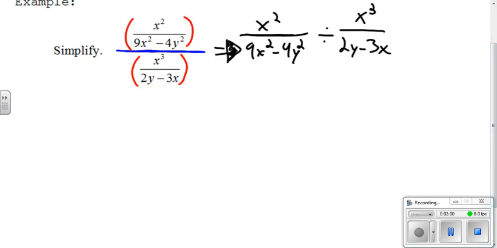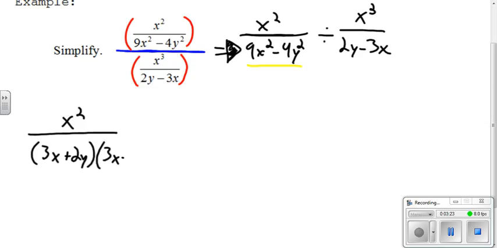We can just break this down into x squared over, well actually, I'm going to break this down right away. I can notice that it's a difference of squares. So we'll break this into factors as we're going along here: 3x plus 2y and 3x minus 2y.